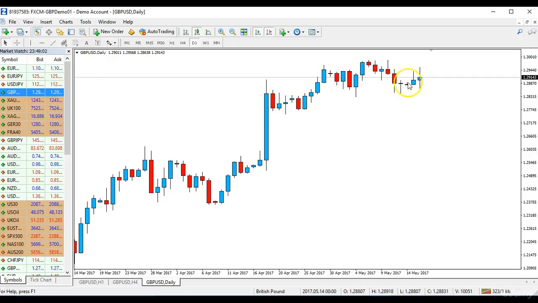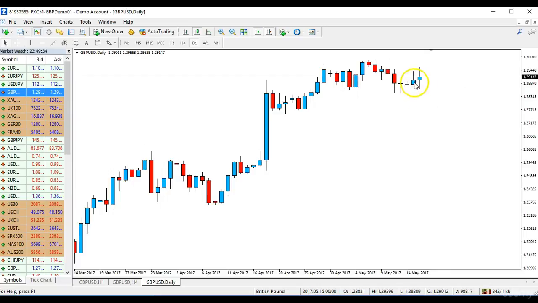If you just move the mouse and touch the top of the candle where it closes, it will give you the open, which you can see was 1.2883, the high, which was 1.2939, the low, which was 1.2880, and the close, which was 1.2901.